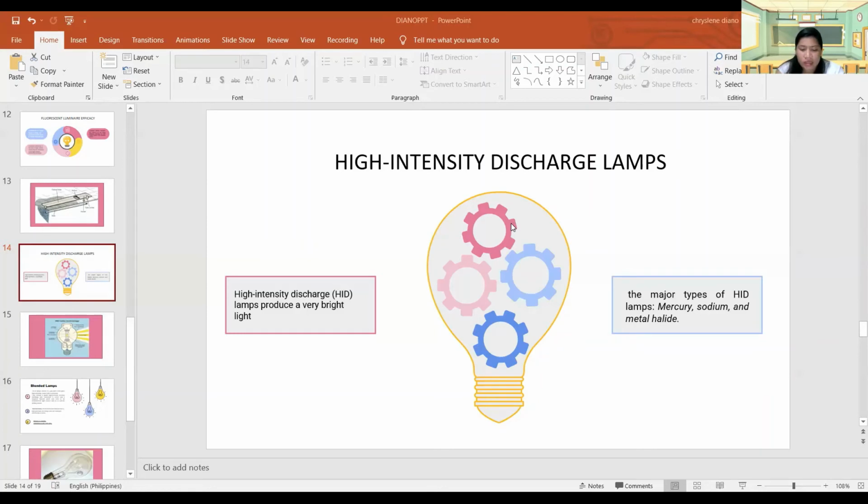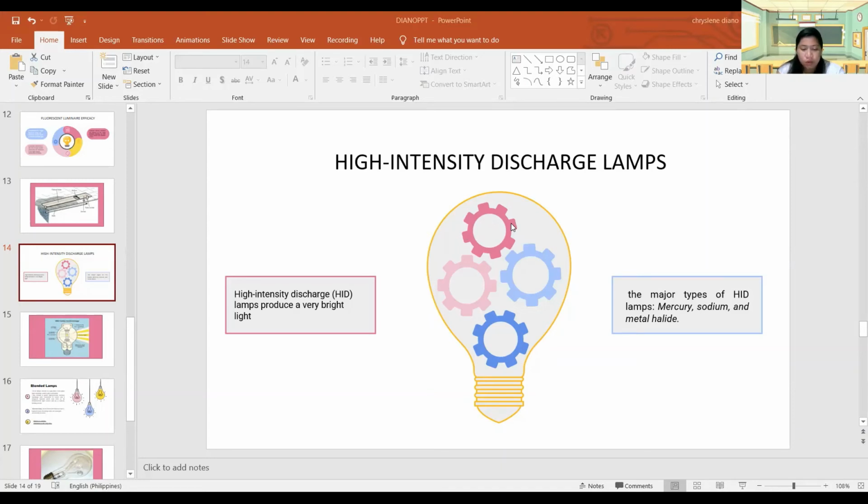HID or high intensity discharge light bulbs and lamps are a family of gas discharge arc lamps which create light by sending an electrical discharge between two electrodes and through a plasma or ionized gas. An additional gas is generally used, and this gas serves as an easy way to classify the major types of HID lamps: mercury, sodium, and metal halide.